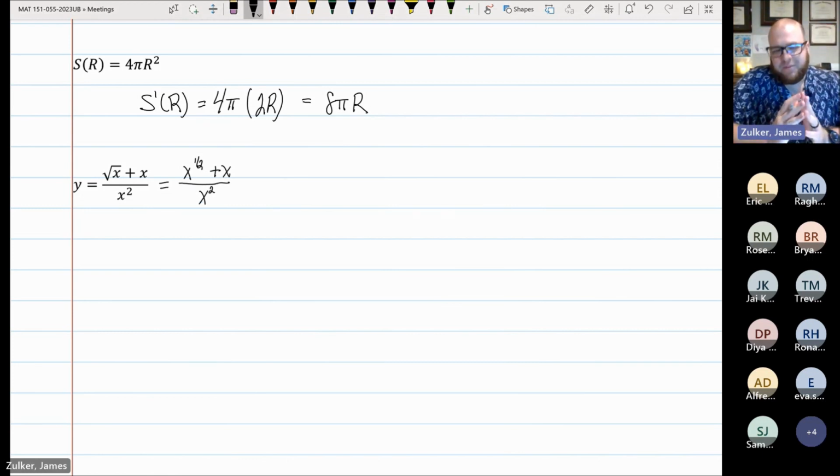But we're again going to have to rewrite the function because we don't have a toolkit for this yet. So first, write the radical as a rational exponent. Now we can divide each term in the numerator by x squared.